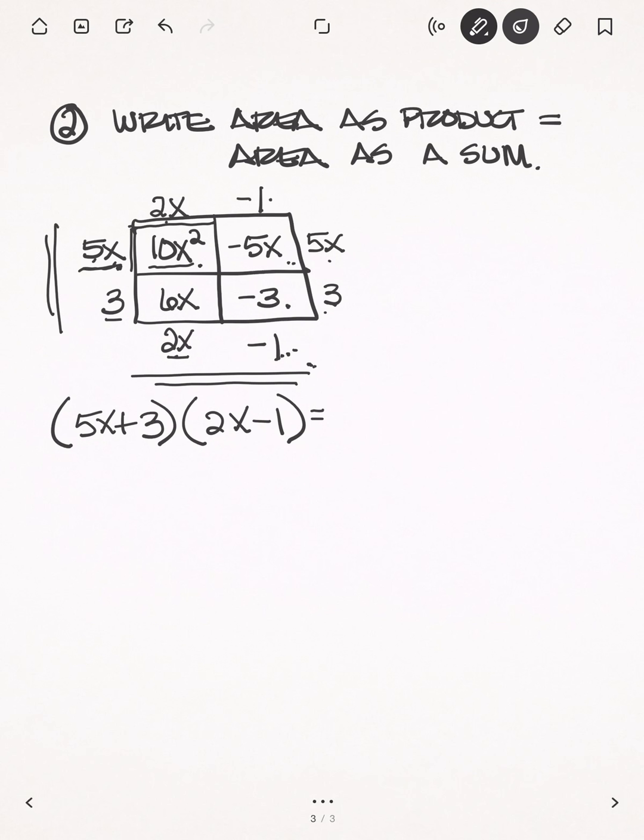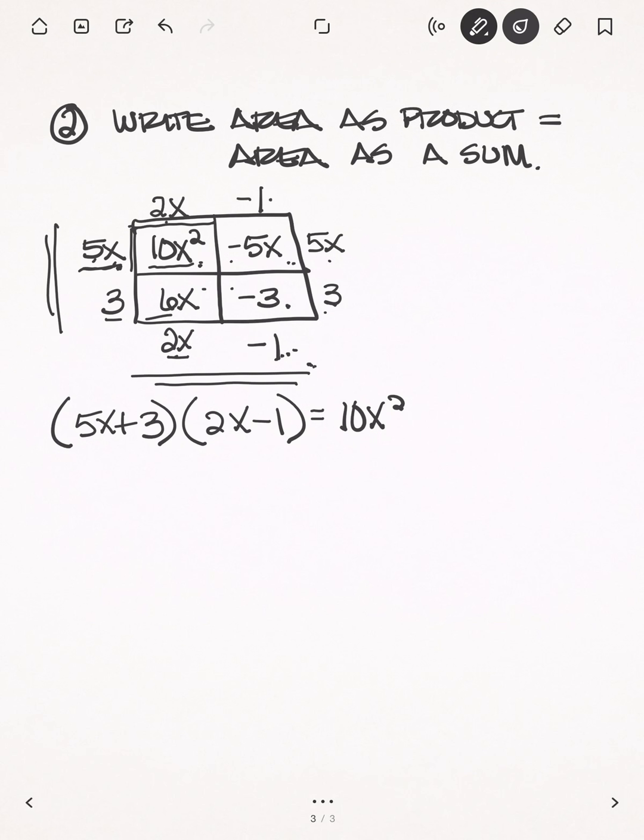But if I look at the inside, each one of these little rectangles, if I added them together, I would also find the total area by adding up all the areas of the smaller rectangles. So we're going to add those together. We're going to start with the 10x squared.